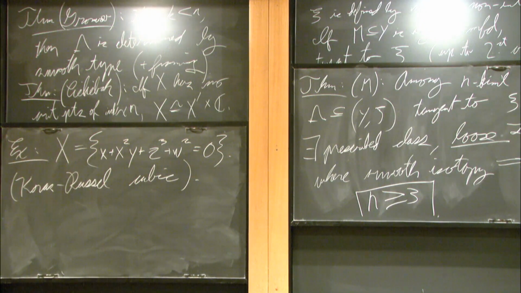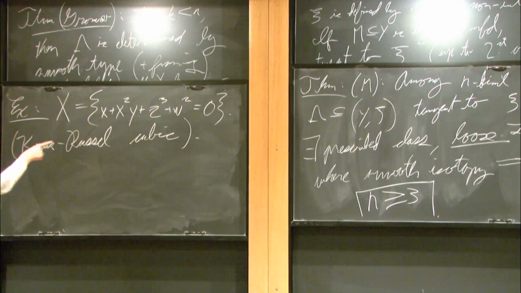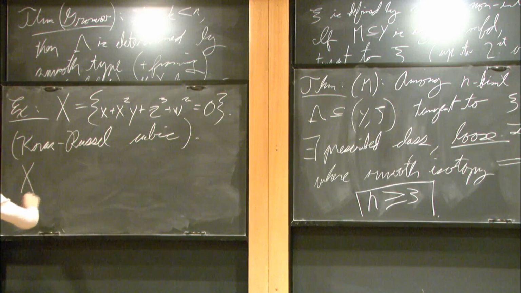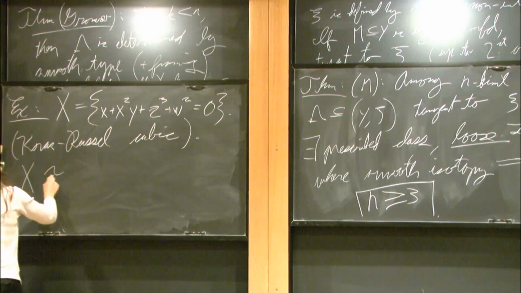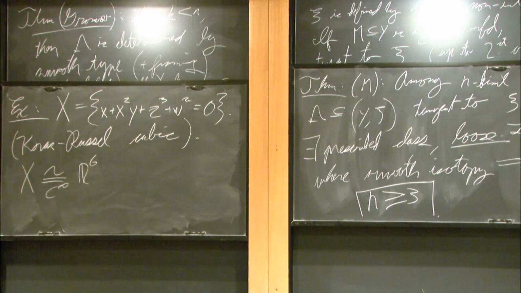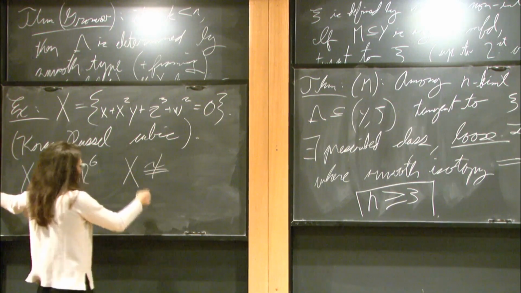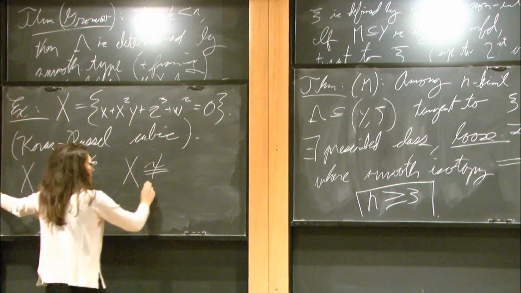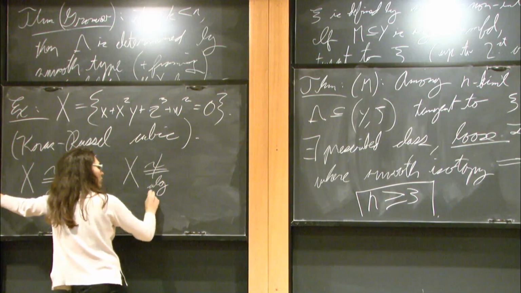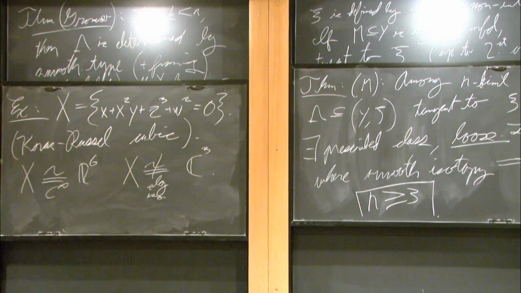And it was studied because it's known that X is diffeomorphic to R^6, but X is not, let me say, algebraically isomorphic to C^3.